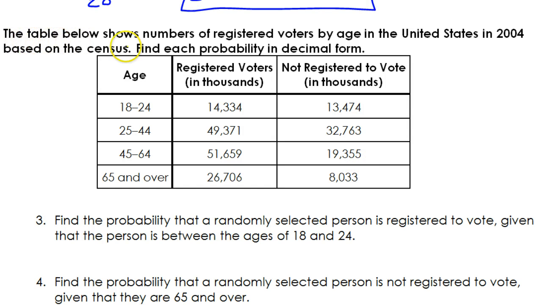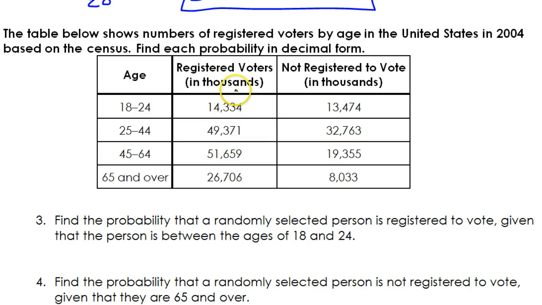Okay, the table below shows the numbers of registered voters by age in the United States in 2004 based on the census. Find each probability in decimal form. Okay, so we have these age ranges. Alright, so from 18 to 24, that age range, we had this many registered voters.